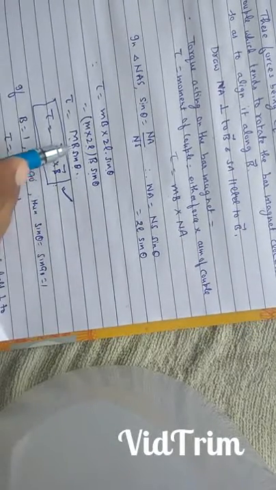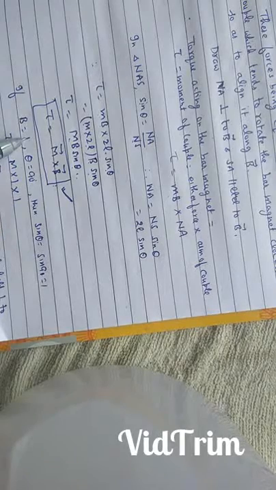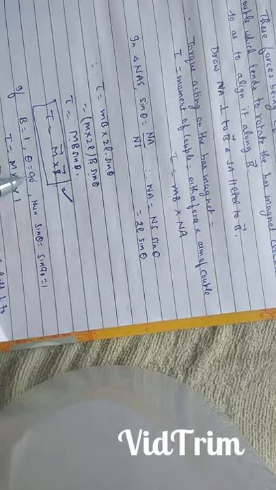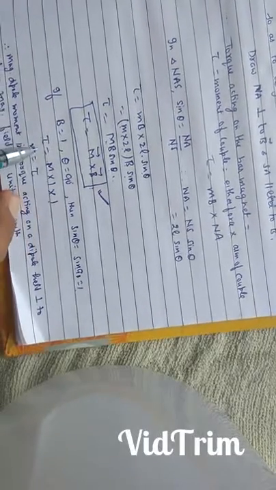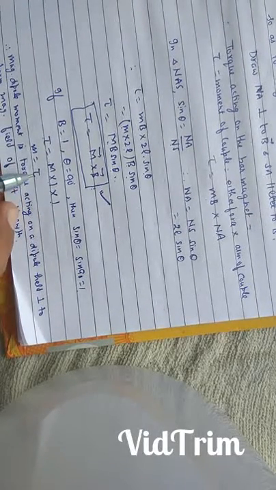If B is equal to 1, magnetic field is of unit strength, and theta is equal to 90, then sin theta will be equal to sin 90 is equal to 1. Therefore, torque will be M. In place of B, we put 1, and theta is equal to 90. Therefore, sin 90 is equal to 1. Therefore, M is equal to torque.